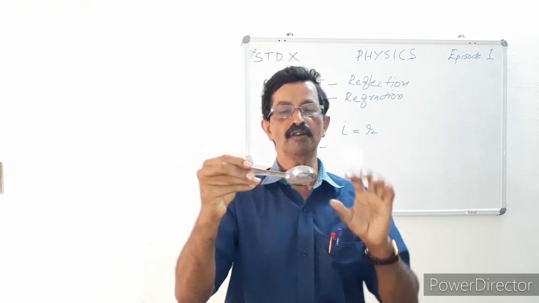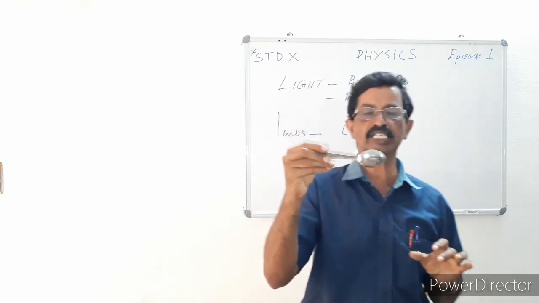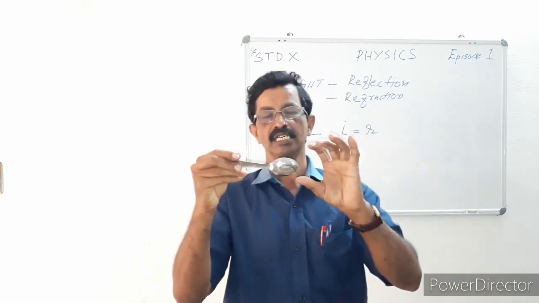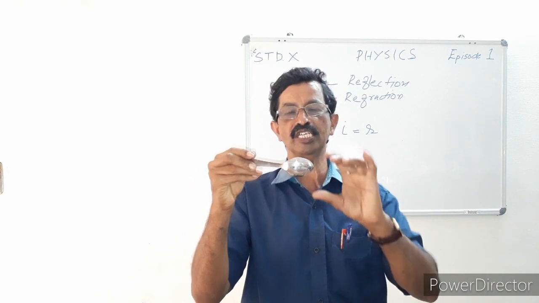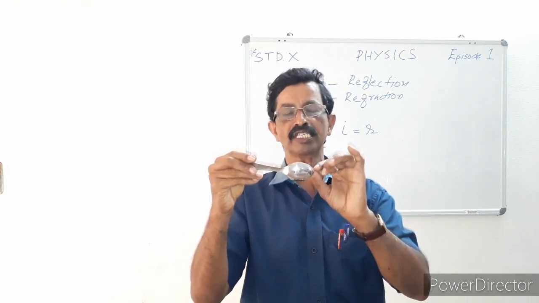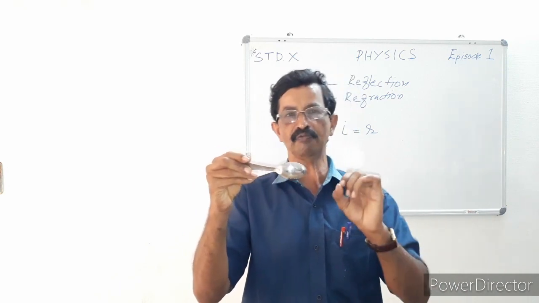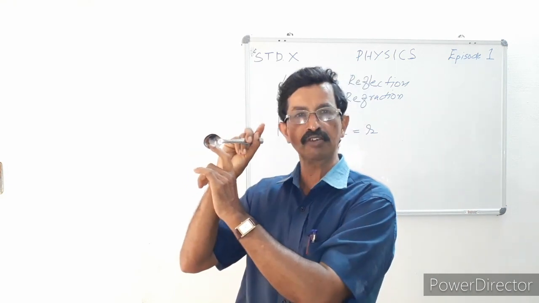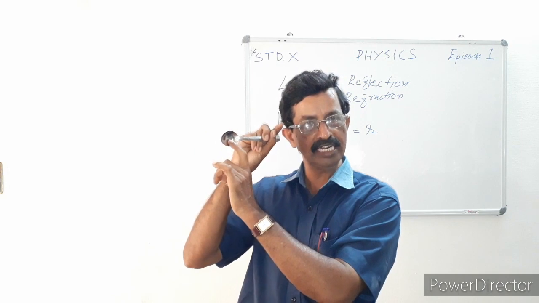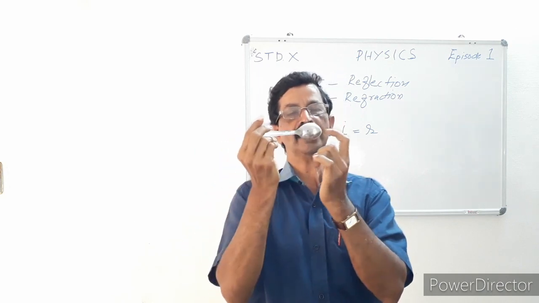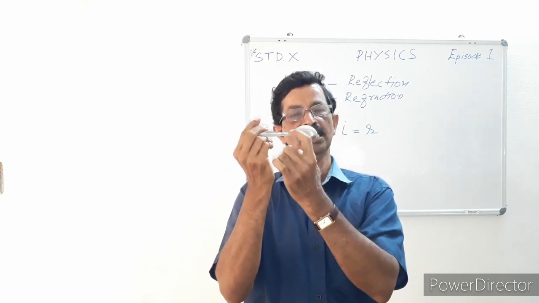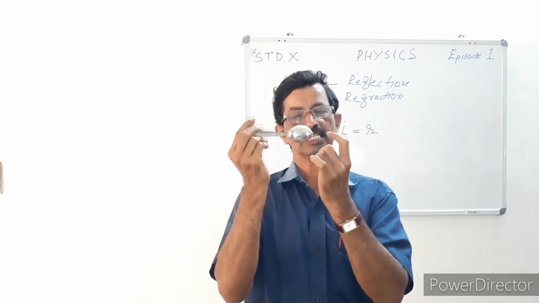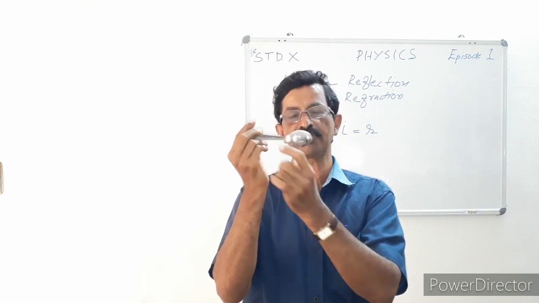When we look at our face in these two surfaces, they show the image in two different ways. On the concave, inward curved side, you get a magnified or enlarged image, and on the other side, curved outwards, we get a smaller image.